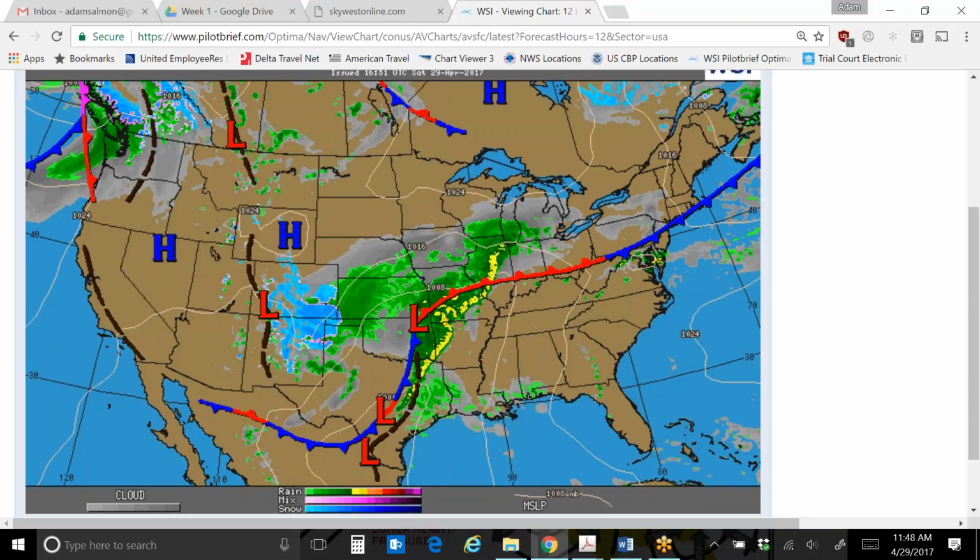The reason it's able to build in that area is because there's nothing stopping it. Salt Lake has mountain protection on every side, and although you do see pop-up storms, you don't see the severity like you do in Denver, because Denver is totally exposed on really three sides.